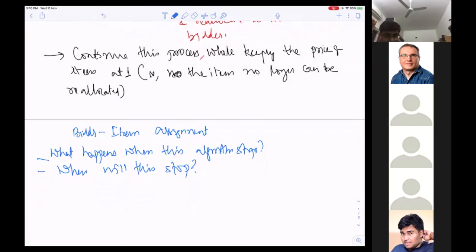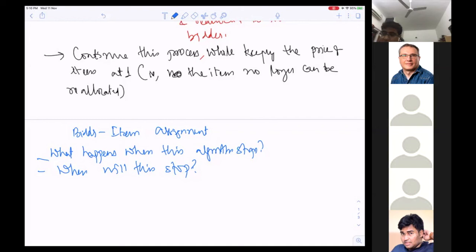Notice that at every step, there's a bidder which is unallocated. He bids for an item and he gets allocated.